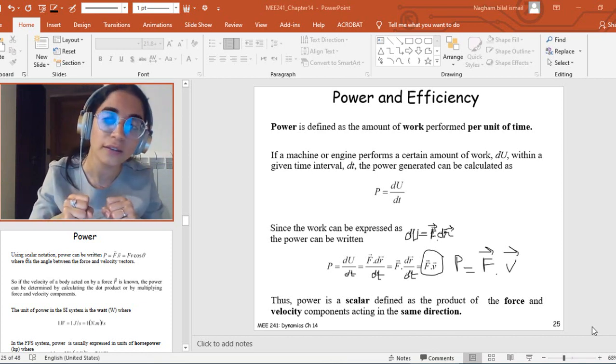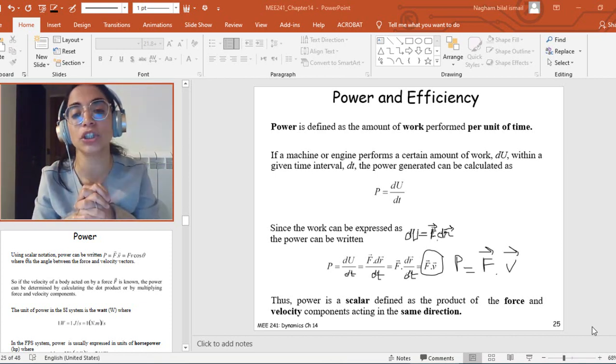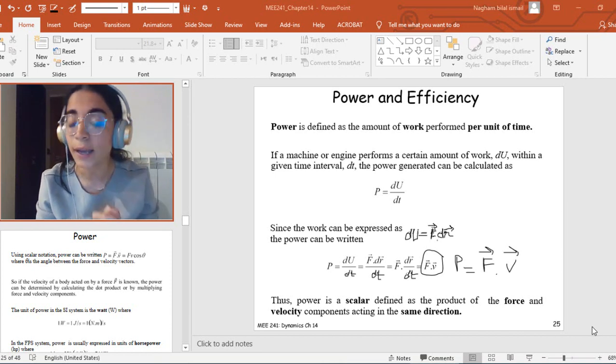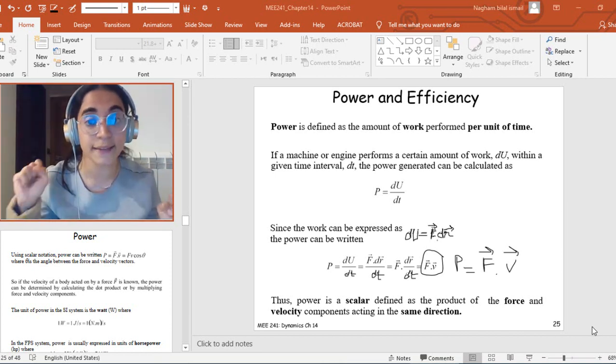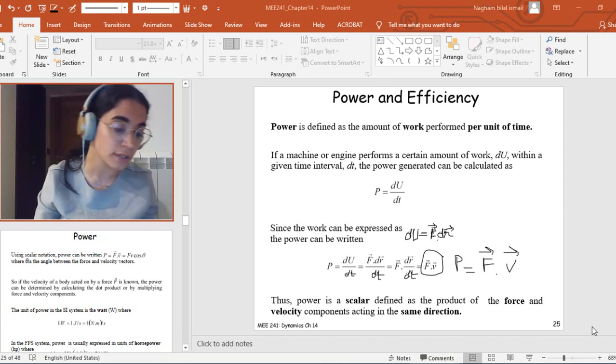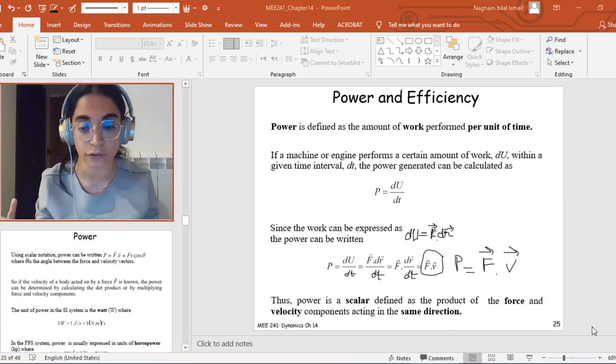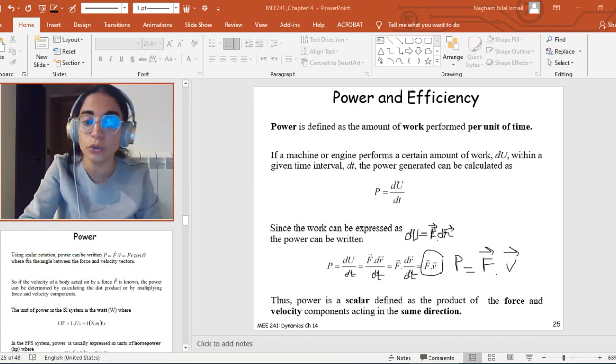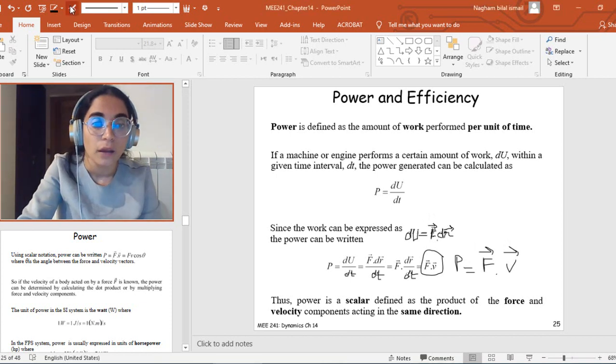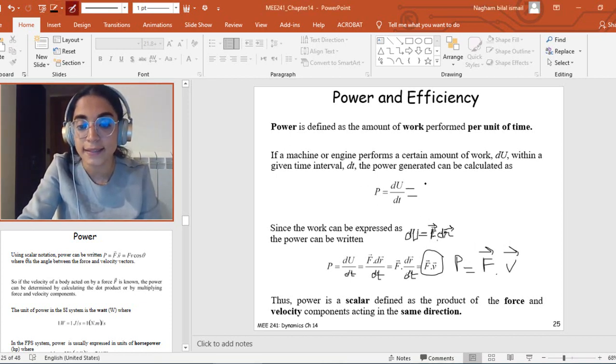Now, if I want to find the analytical equation of the power, I know that dU is the dot product of the force F and dr, where dr is the displacement vector. So if I substitute dU by F dot dr, I get this equation: P is equal to F dot dr over dt.